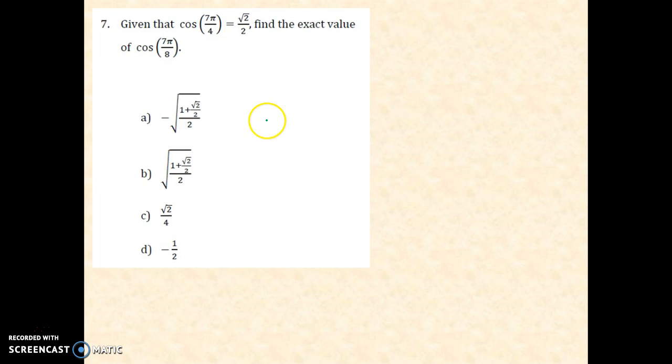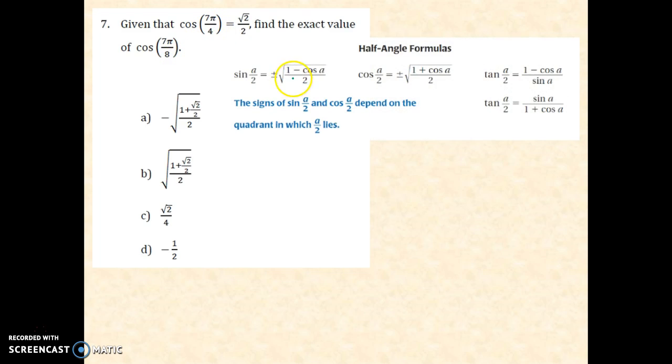Ooh, given that cosine of 7 pi over 4 is radical 2 over 2, find the exact value of cosine 7 pi over 8. So 7 pi over 4, if you were to divide that by 2, you would get 7 pi over 8. So we want to use a half angle formula. So here is the half angle formula for cosine.